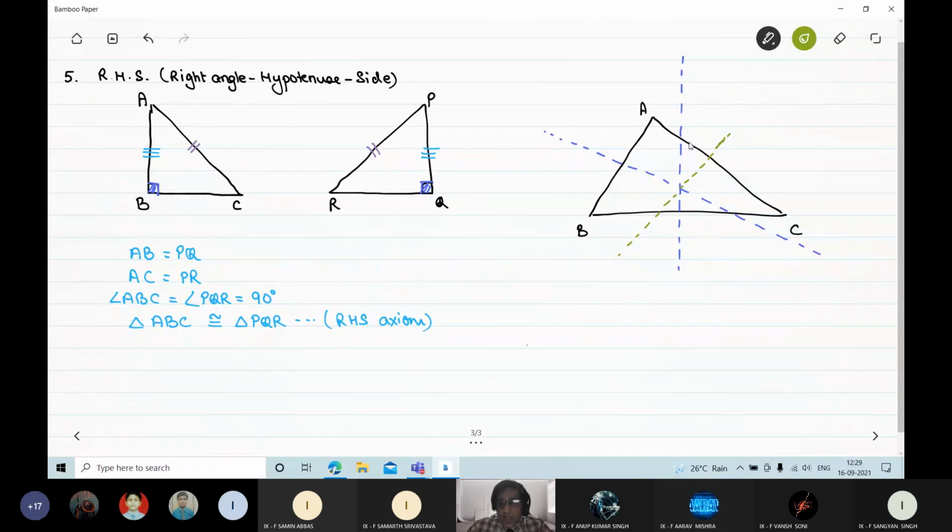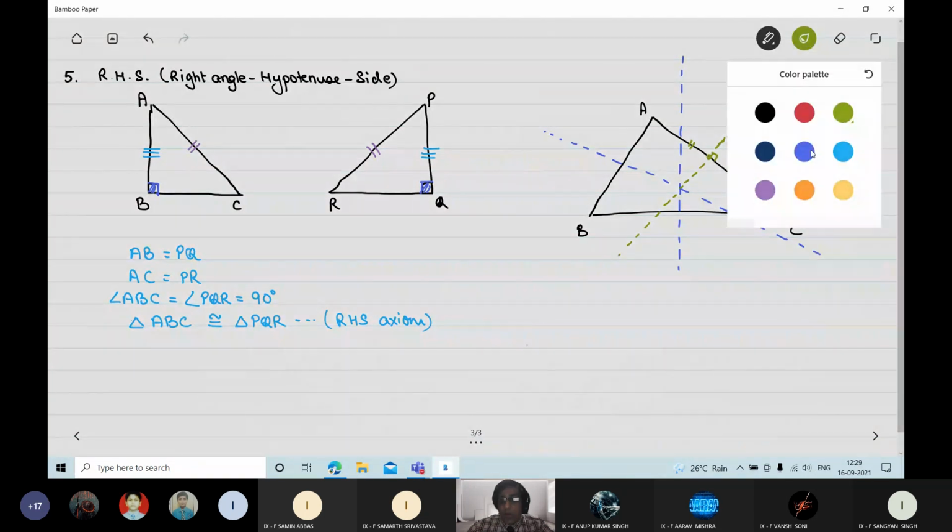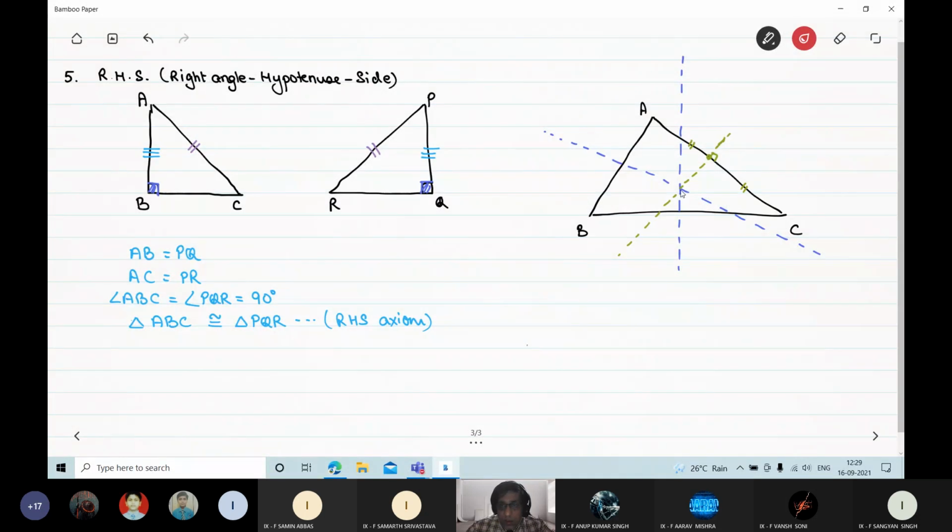Perpendicular bisector means it is dividing AC into two equal parts and it's also at a right angle. Okay, so all these perpendicular bisectors meet at one point here. This point of intersection of the perpendicular bisectors of the three sides of a triangle is called the circumcenter.